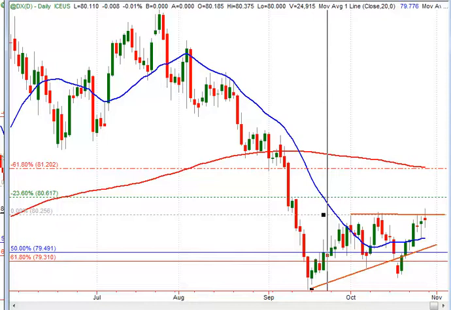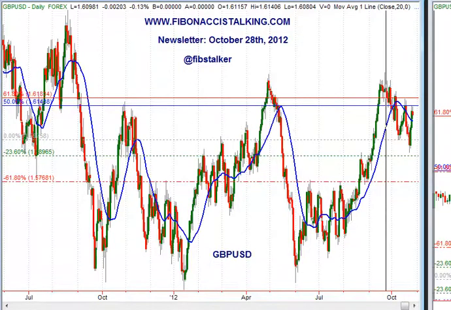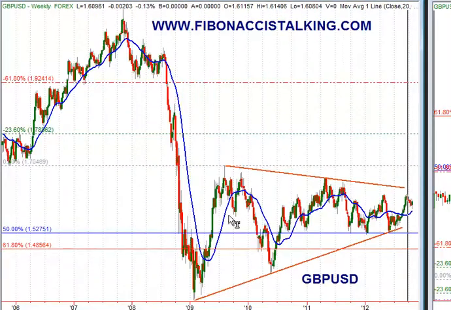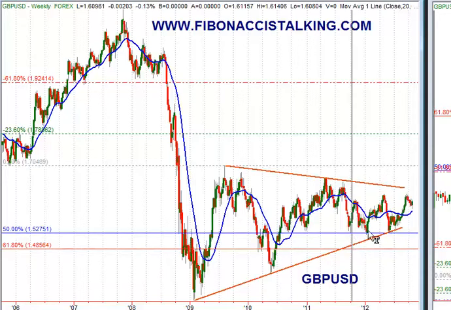Let's move to the pound versus the US dollar. What you see on the screen is the weekly chart. The pound, as you can see, is in this large wedge, and this wedge started in 2009. We had this 52.75 level, which was tested once in 2011 and 2 times in 2012, supporting price, and it has a target.